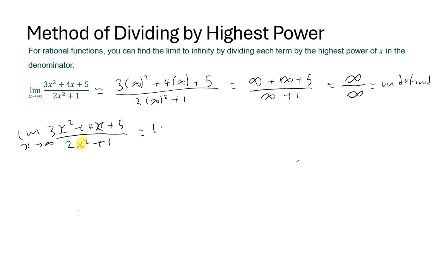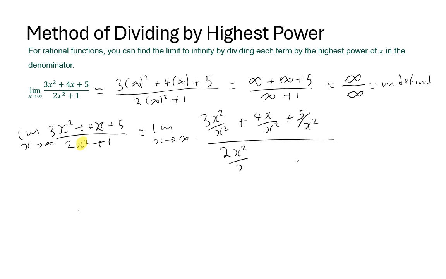So it's the limit as x tends to infinity of 3x squared divided by x squared, plus 4x divided by x squared, plus 5 divided by x squared, over 2x squared divided by x squared, plus 1 divided by x squared. We divide everything by x squared.